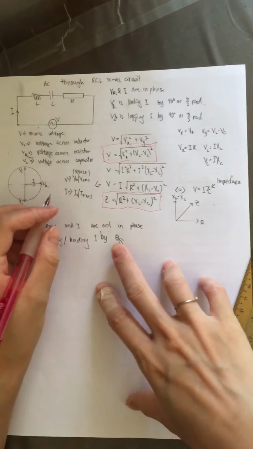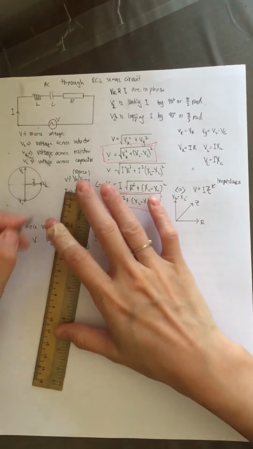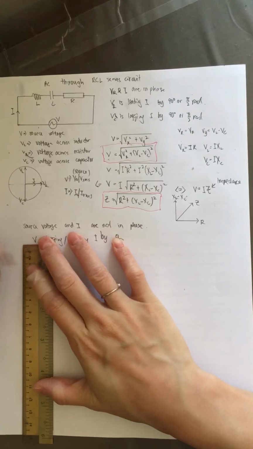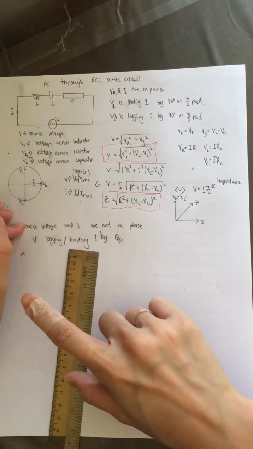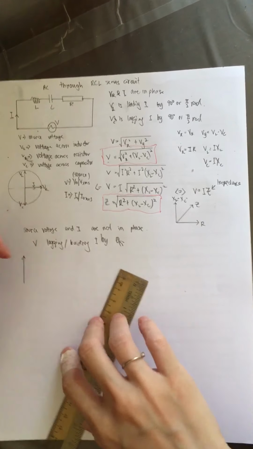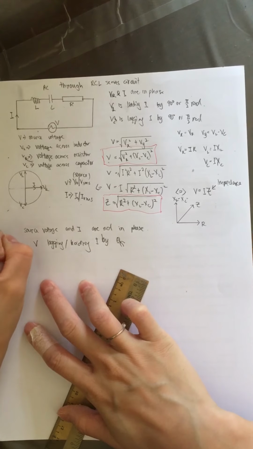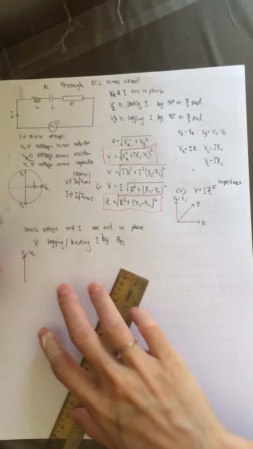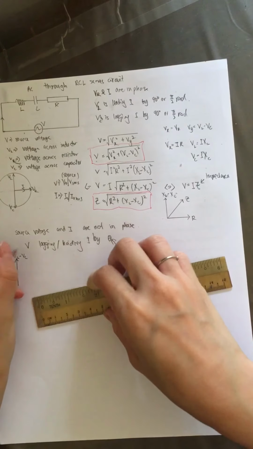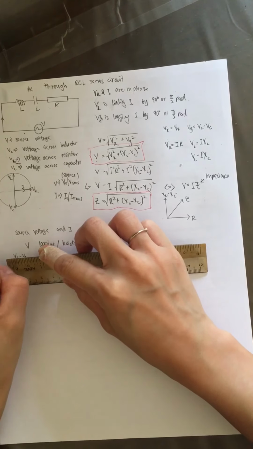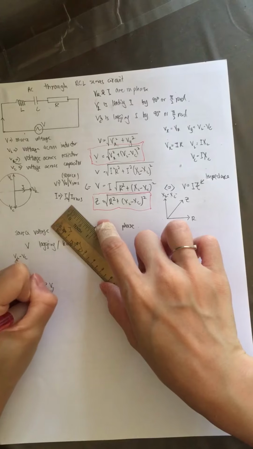Okay, so in order to calculate your theta, we have this. If you put this in here, you will note that the vertical component of your voltage is actually VL minus VC. VC here is a negative component. So we put it as one component, the vertical component, and here is your VR.